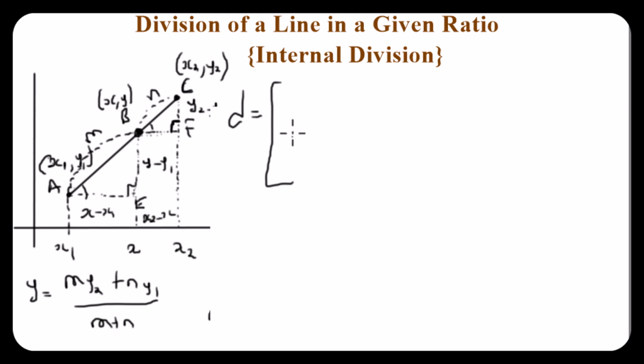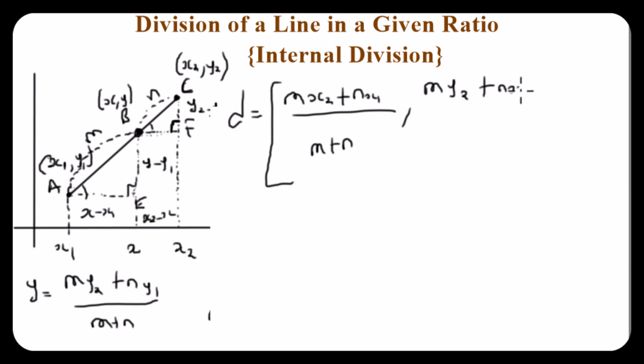So for the x, it will be mx2 plus nx1, everything divided by m plus n, comma, and then my2 plus ny1 over m plus n. All right, so this is the formula we want to use to find the division of a line in the given ratio, internal division of a line in the given ratio.